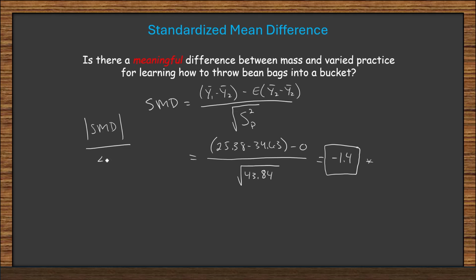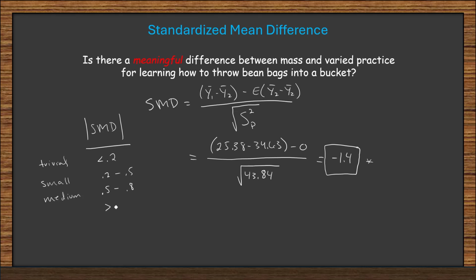If this value is less than 0.2, we often consider it a very small or maybe even trivial difference. If the difference is between, say, 0.2 to 0.5, it's small. If the standardized mean difference is 0.5 to 0.8, we consider that medium.